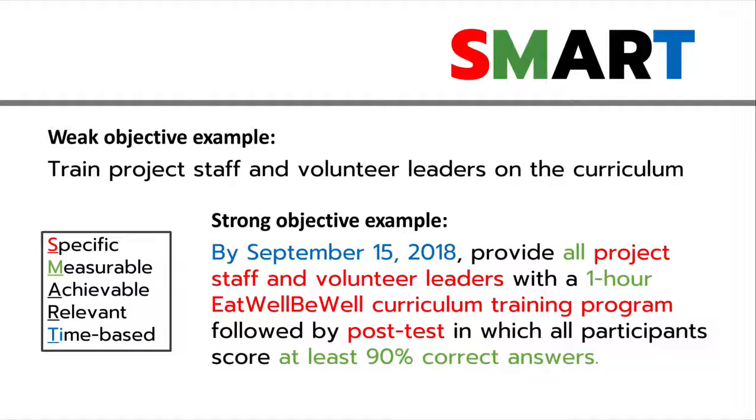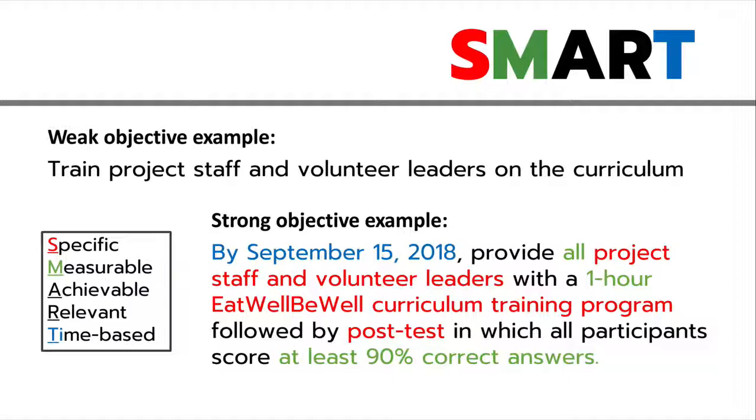In this case, we're within the same organization as the last example. So the achievability and whether this is relevant or not, those both are well done within this objective. It's achievable, it's relevant. In terms of specific, you can see the words in red are the things that we've added to make it specific. We already had in the weak objective staff and volunteers, but here that's defining our who.